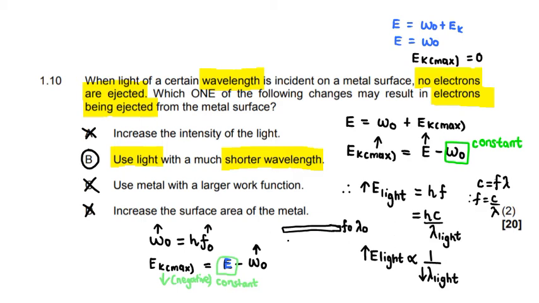If you increase the surface area, you're just making this thing bigger. The problem is it still has exactly the same threshold wavelength. So if the light that we're using was already not able to eject electrons, making the surface bigger is just a dumb idea.